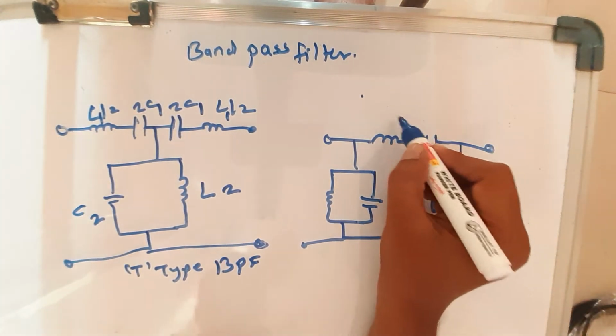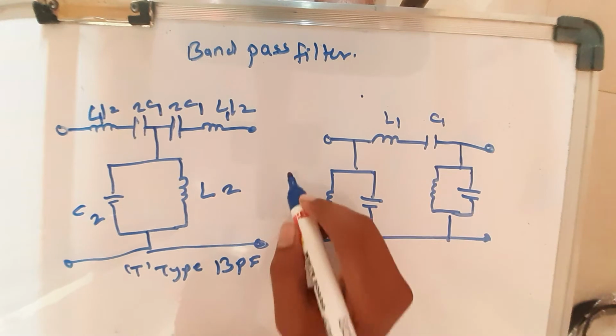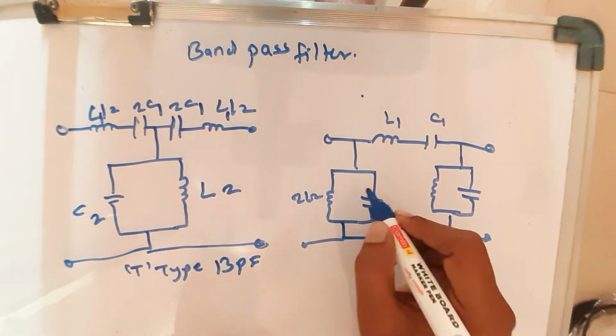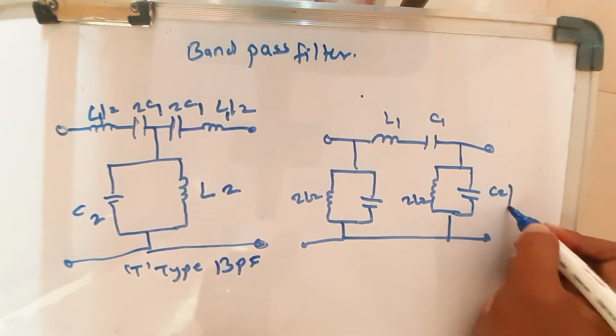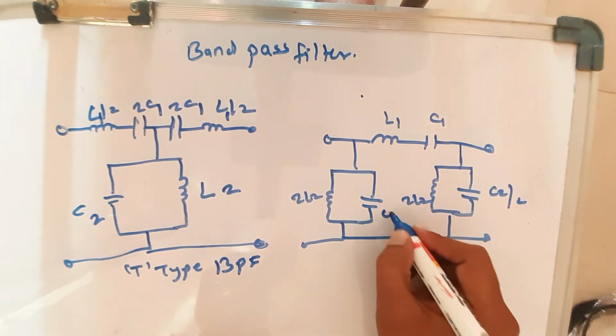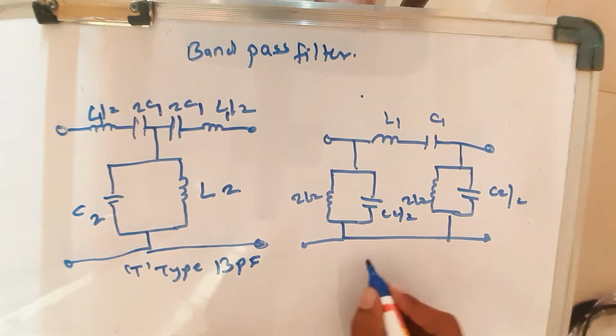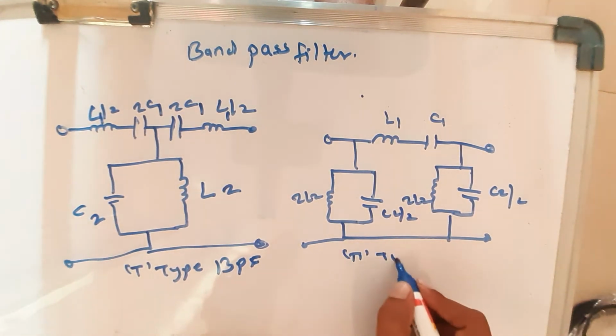So you will write down L1 C1, twice L2, twice L2, C2 by 2, C2 by 2. Okay, so this is a pi type of band pass filter.